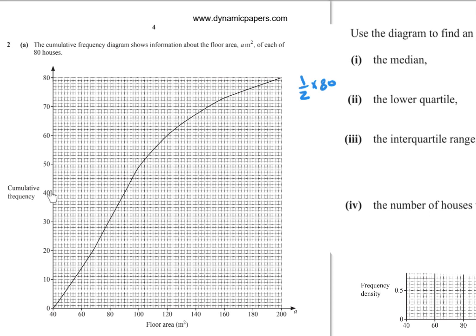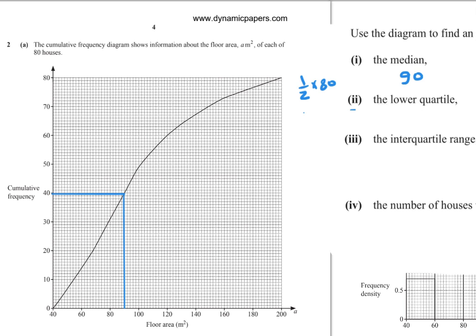Start from 40, horizontal line till you reach the curve, then go down. So the median, 90. Part ii, to find an estimate for the lower quartile, find the order for the lower quartile.